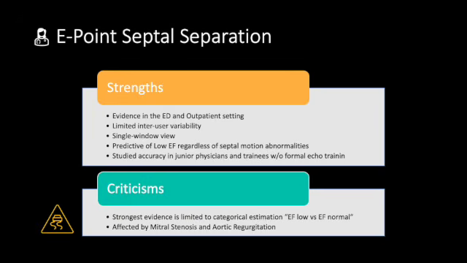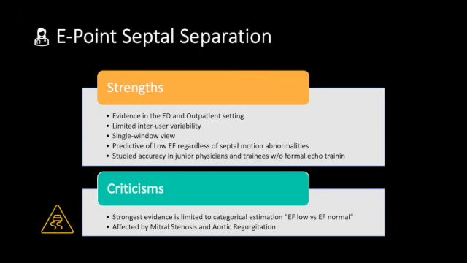It also has limited inter-user variability, meaning if I measure and then you measure, we're probably going to get pretty similar results. It's the least subjective measurement, and it doesn't rely a lot on getting a perfect exact view. If you're off a little bit, you'll still get a pretty accurate measurement that is predictive.